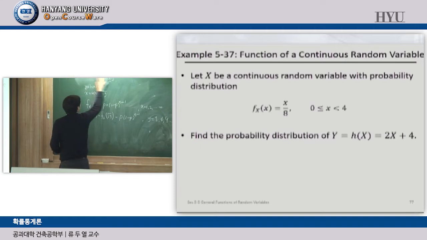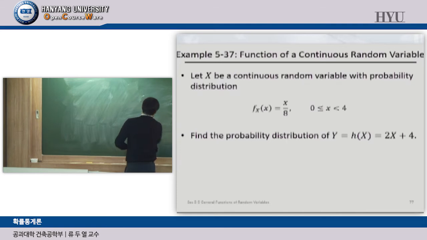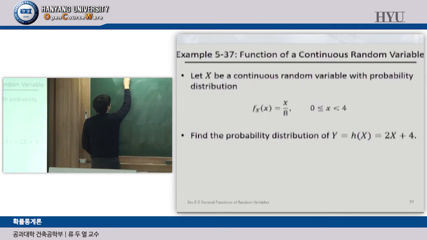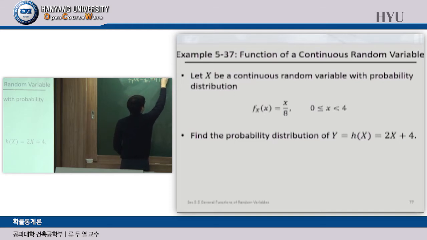So to solve this, we need to know the relationship: the probability density function of y is equal to the probability density function of x when x is given as u(y), multiplied by the absolute value of the Jacobian.